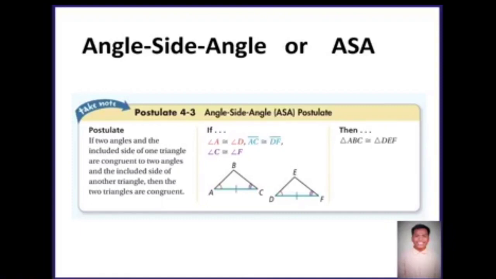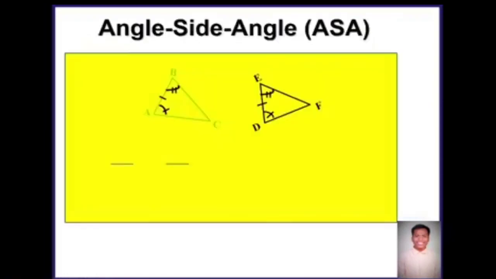So that's our third postulate, the angle side angle, ASA. If two angles and an included side of one triangle are congruent to two angles and the included side of another triangle, then the two triangles are congruent. So you are given two angles and a side in between these two given angles. For the illustration, focus your attention on our screen.